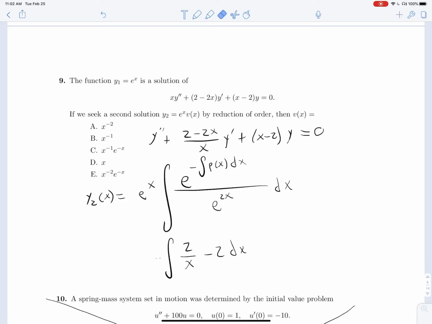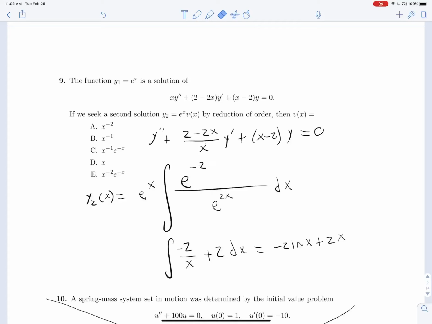I'm going to distribute this negative sign in. And this integral will give us negative 2 ln x plus 2x.